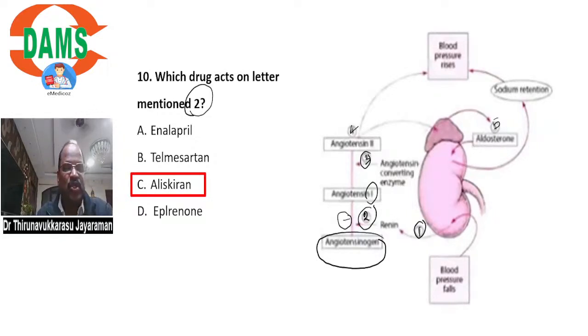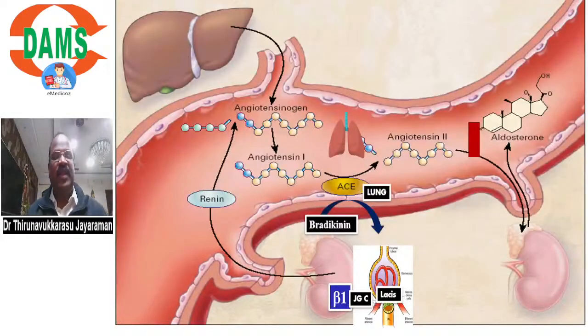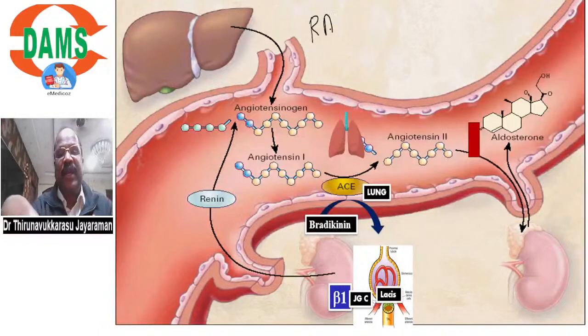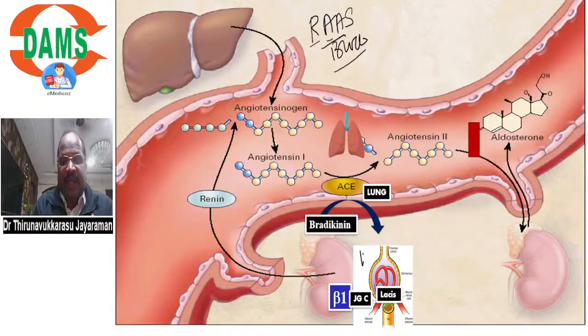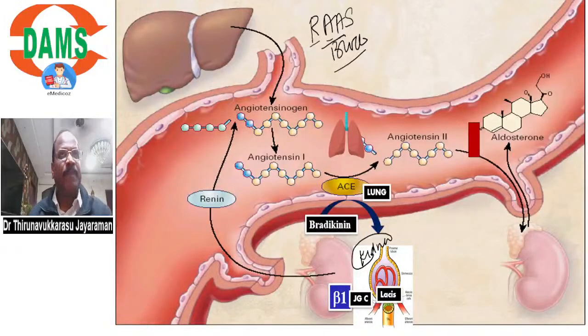Okay, I'll show this. This picture indicates RAAS pathway blockers. Now I'll discuss. Look here. When I say RAAS, renin angiotensin aldosterone system blocker, please remember in the kidney we have beta 1. The beta 1 receptor is seen on heart and kidney.